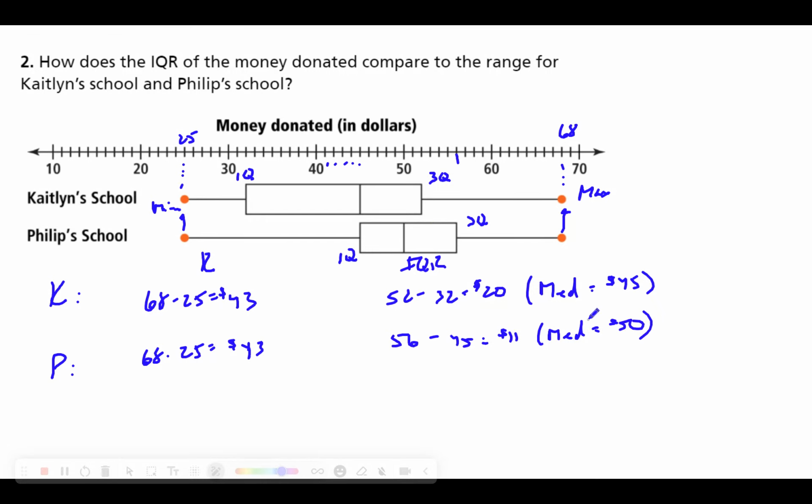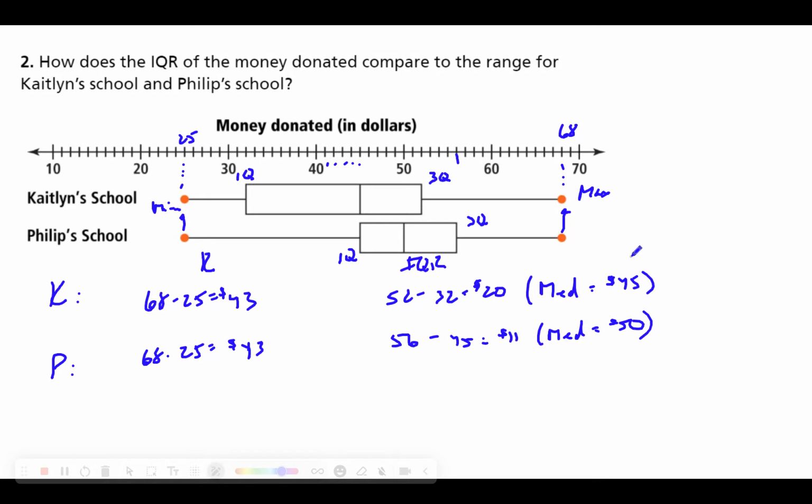So when we talk about the IQR, the IQR is how spread the middle 50% is. But I think it's also important to quantify it with the median. So for Caitlin, her median is 45. So that's the middle value that her people are giving. And then there is a $20 range around that 45. So if you were to try to quantify this, going down to about 35, going up to about 55, around there, roughly.